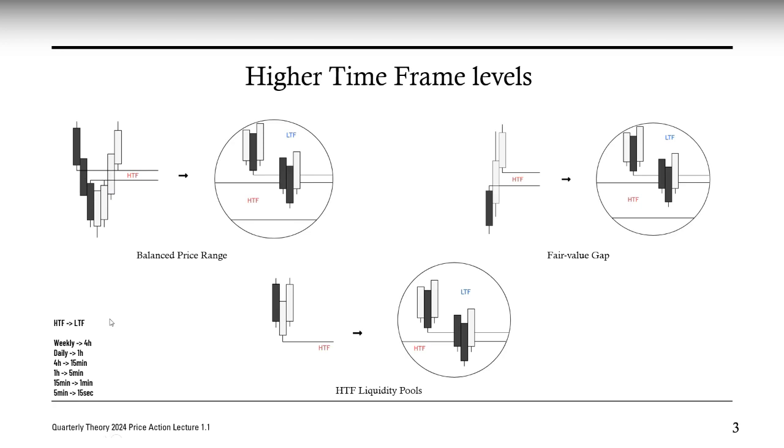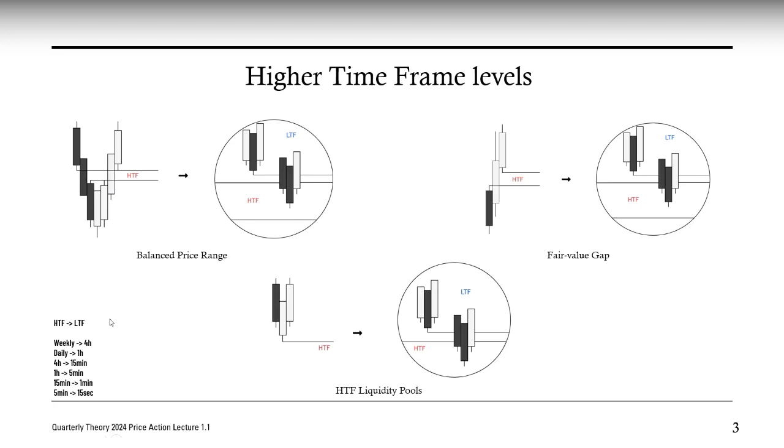You need a lower time frame low, which is located above a higher time frame level, right? You can have the low inside of the higher time frame level, but it must be above equilibrium, right? Which is the center of the higher time frame level which we are looking at. In regards to imbalances, price must be above the 50% range of the imbalance for this to actually be fruitful to you.